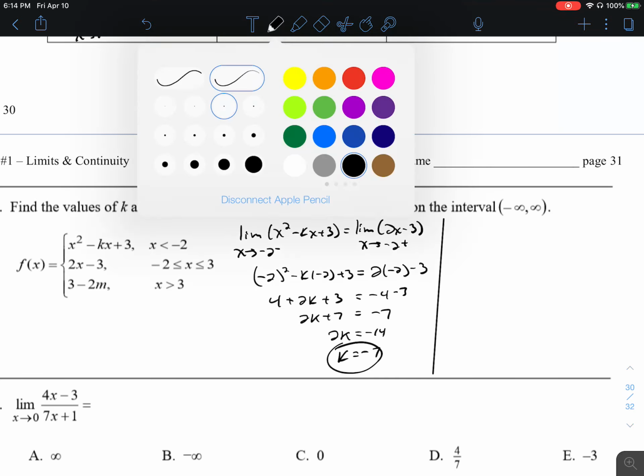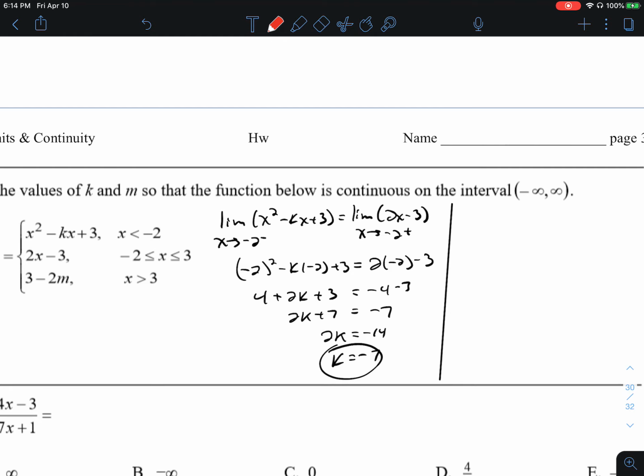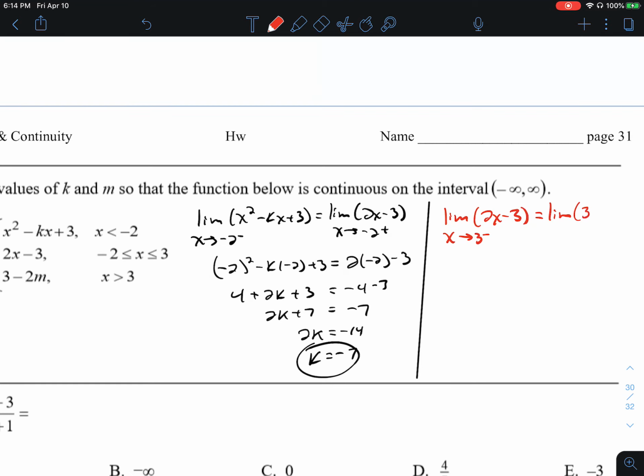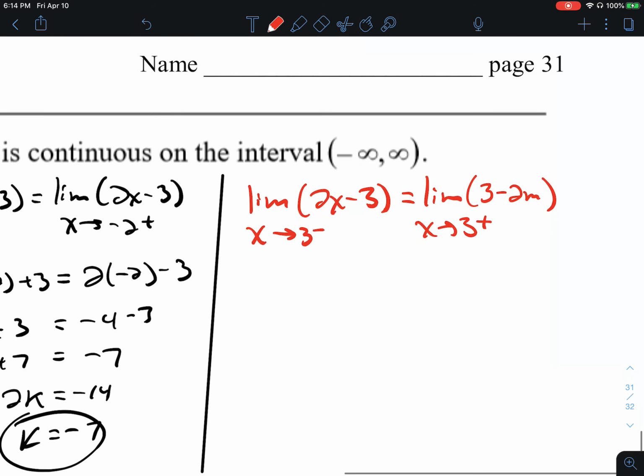Got to find m. So we're going to have to take the limit of 2x minus 3 as x approaches 3 from the left and set it equal to the limit of 3 minus 2m as x approaches 3 from the right.